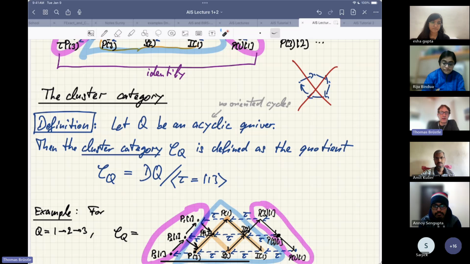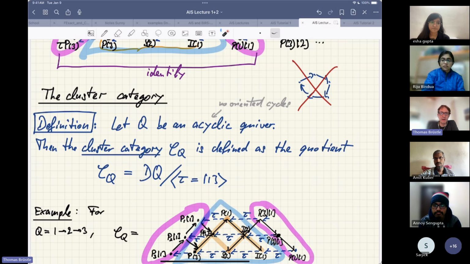If I want to go away from the hereditary situation, if I want to go from quivers to bound quivers, things become more complicated. When you have an algebra of global dimension at most 2, you can define a cluster category.